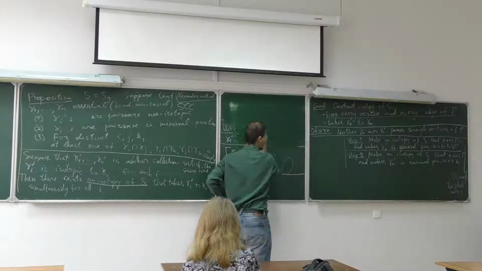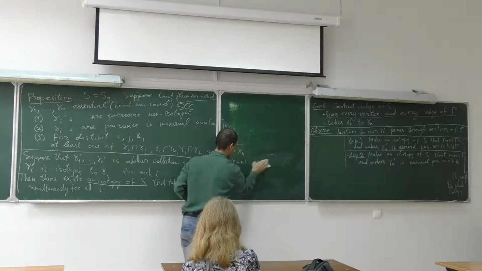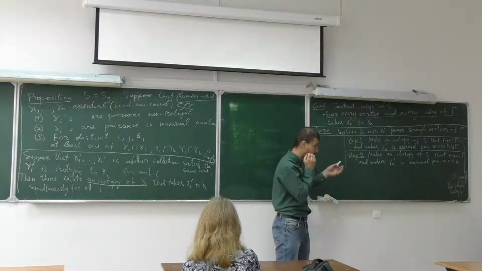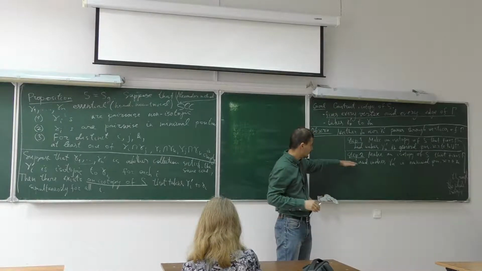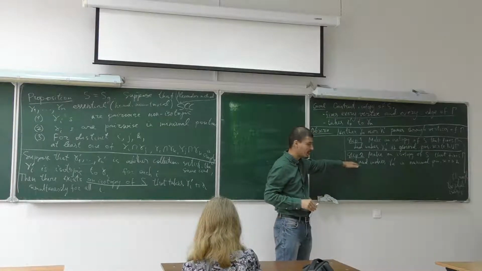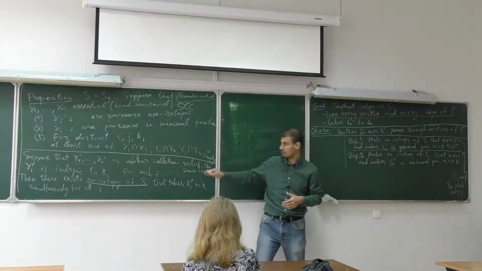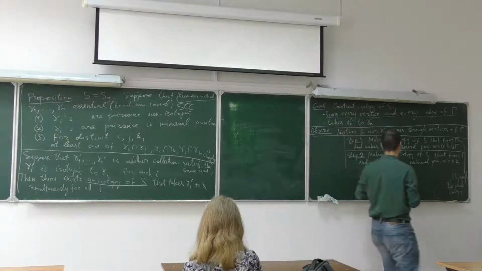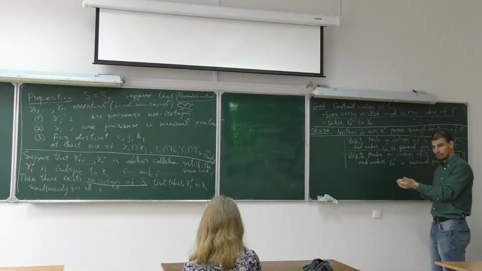Before saying how to do this, let us note that gamma n prime is isotopic to gamma n by our conditions. So when it is in minimal position, it is just disjoint from gamma n.